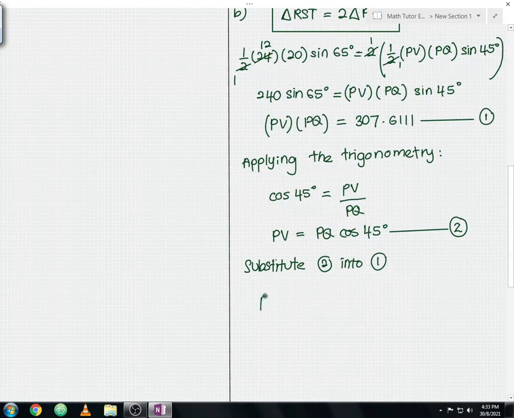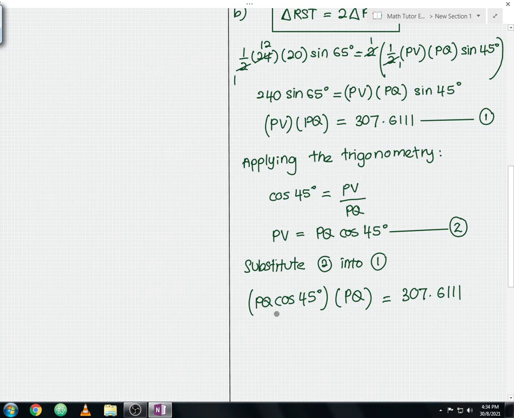So from here, PQ times PQ cos 45 degree, and then you times with PQ again, so it will be equal to 307.6111.